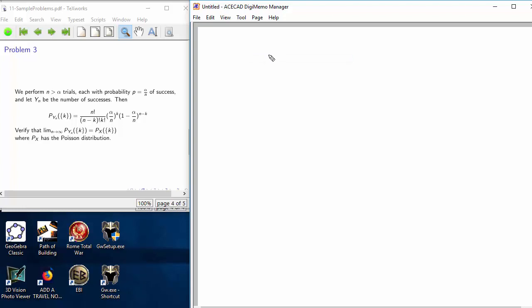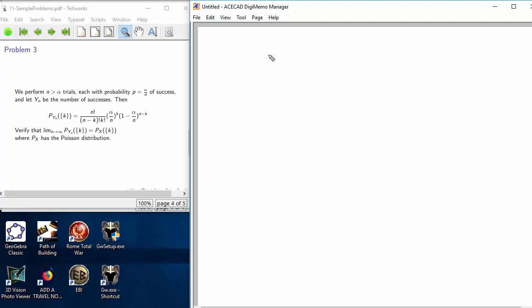This is a very famous result involving the Poisson distribution. So we're carrying out n trials.